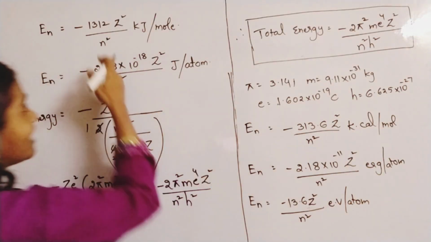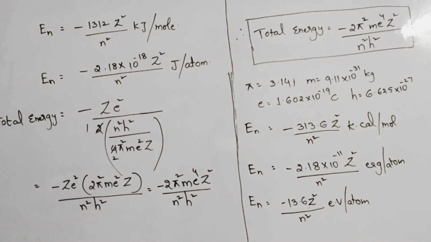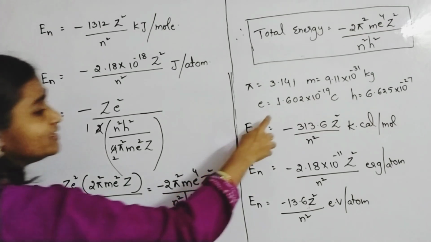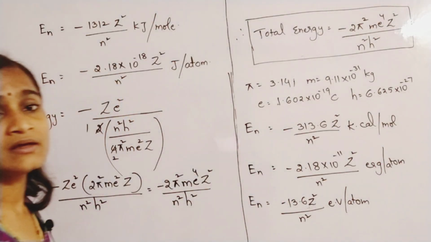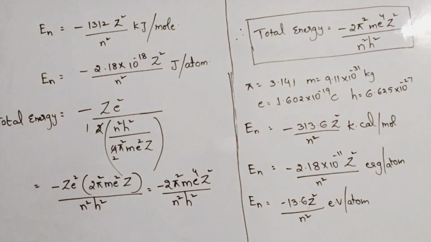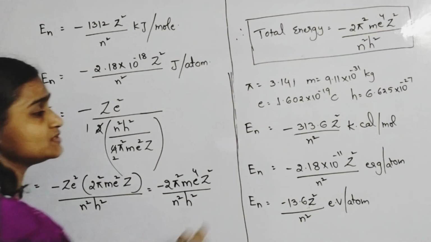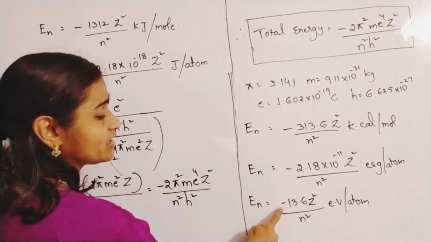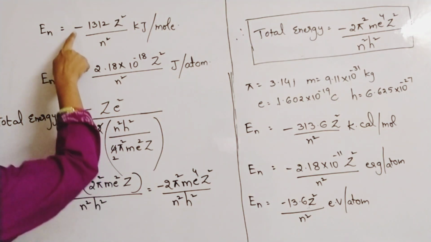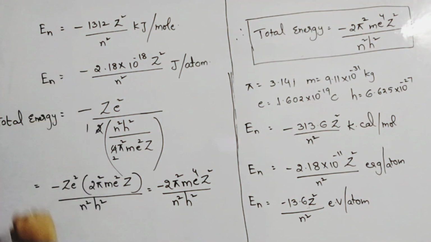In all these values you can observe one important point: the energy of the electron is found to be negative.